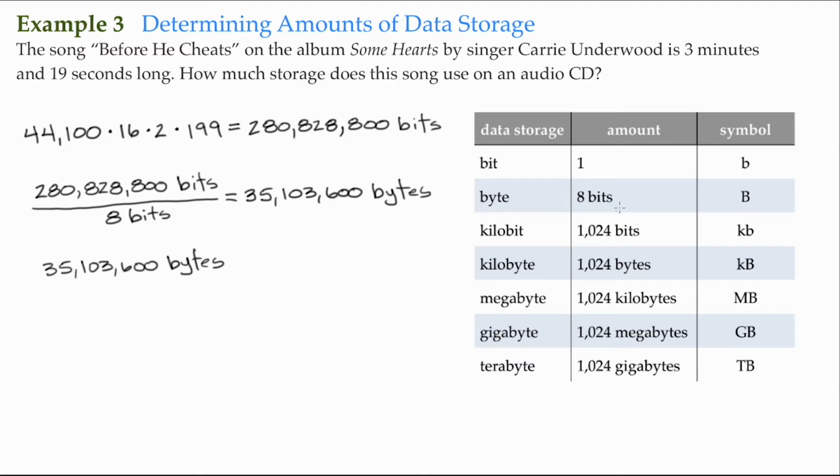I want to go to the next measure up, which would be kilobytes. So we'll divide this by 1,024 bytes. And that's going to come out to be approximately 34,280.859 kilobytes.